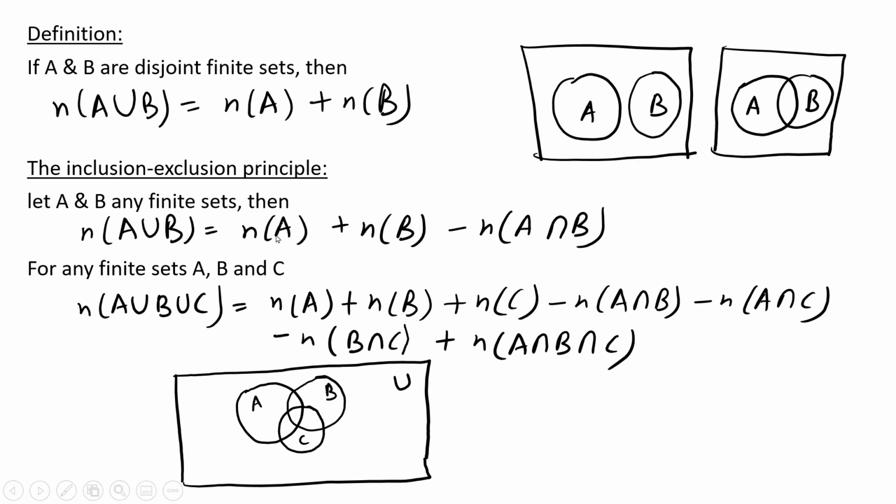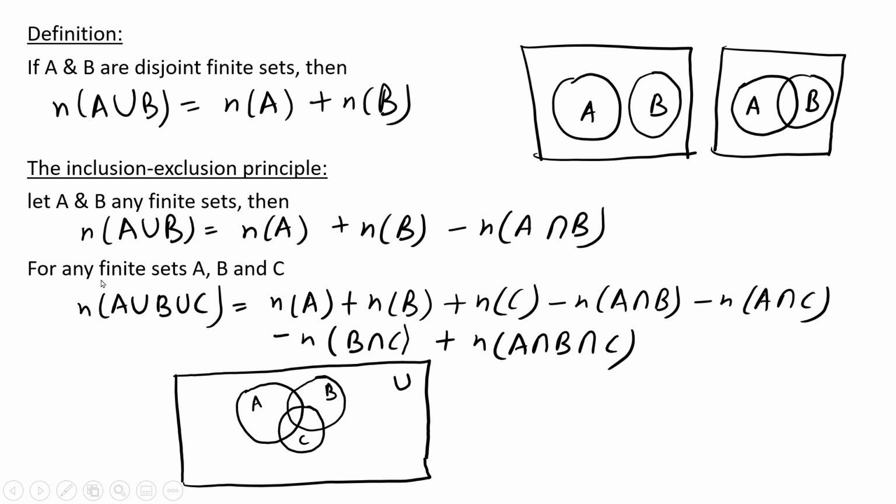We are including A and B and we are excluding A intersection B. We are excluding because when we include A and B, we are repeating this common area A intersection B. That's why we exclude this intersection area one time.